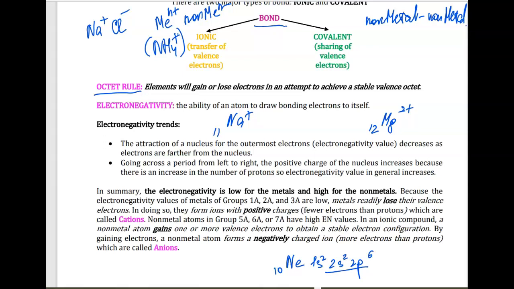Okay, so the way for sodium to become more stable, closer to the neon electron configuration, is to lose its valence electron. I will start with its formula. Sodium, 11, as an atom has electron configuration 1s2, 2s2, 2p6, and 3s1.